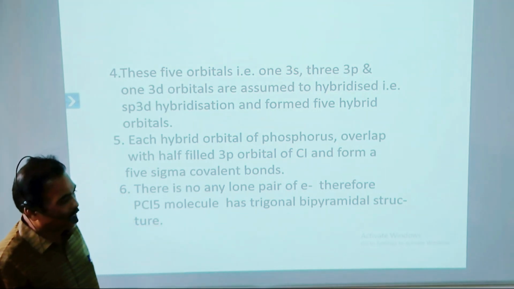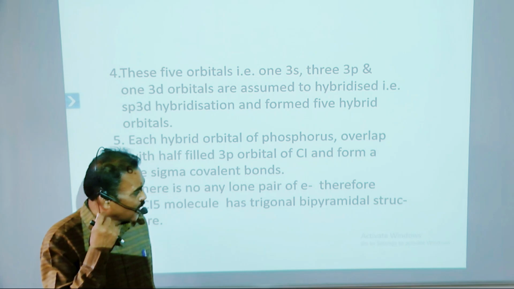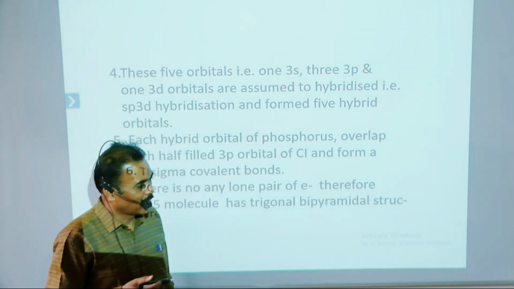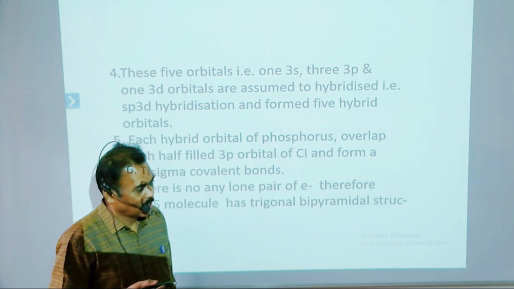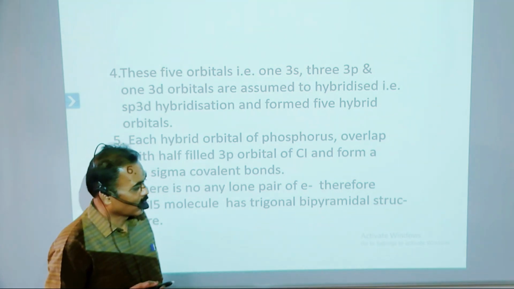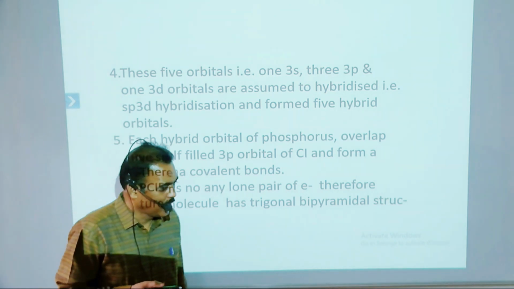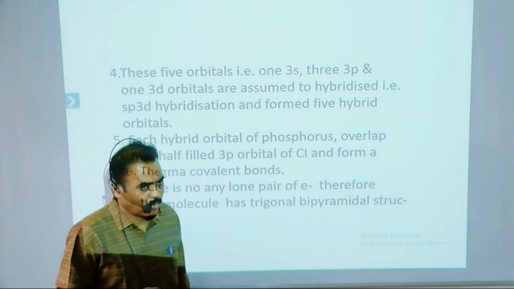These 5 orbitals, that is one 3s orbital, three 3p orbitals and one 3d orbital, are assumed to hybridize, that is sp3d hybridization, and form 5 hybrid orbitals. Each hybrid orbital of phosphorus overlaps with a half-filled 3p orbital of chlorine and forms 5 sigma covalent bonds.